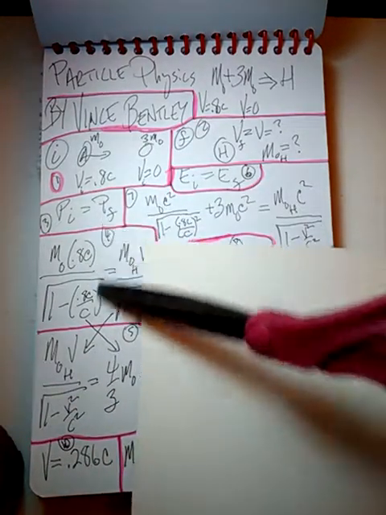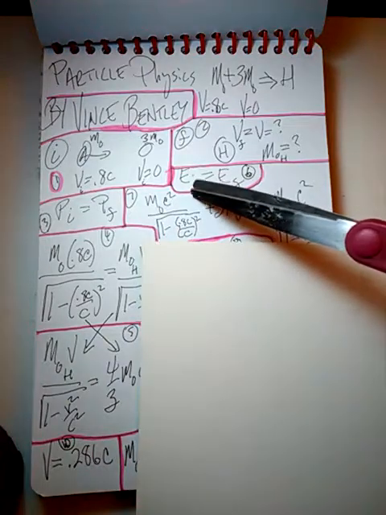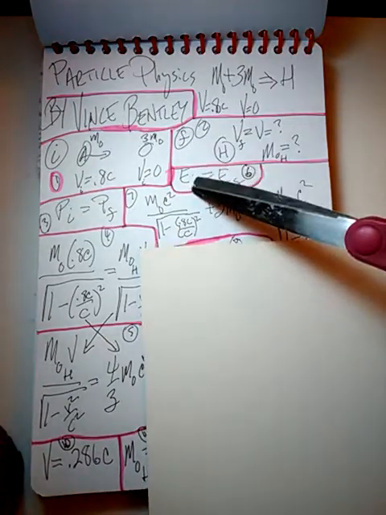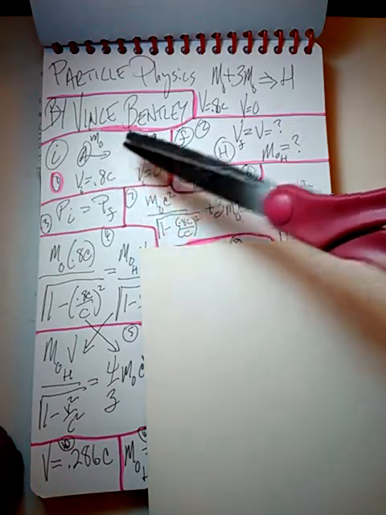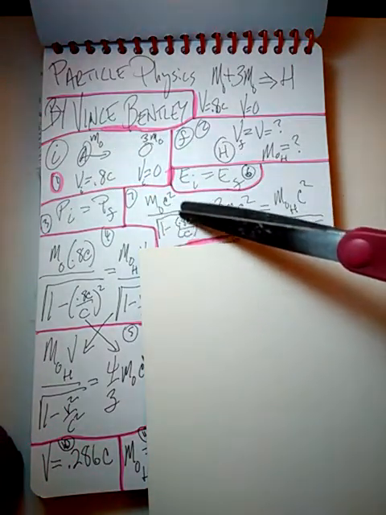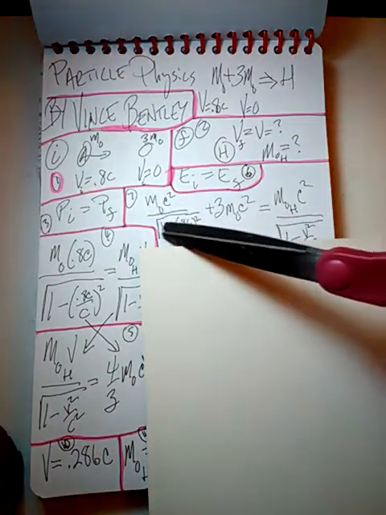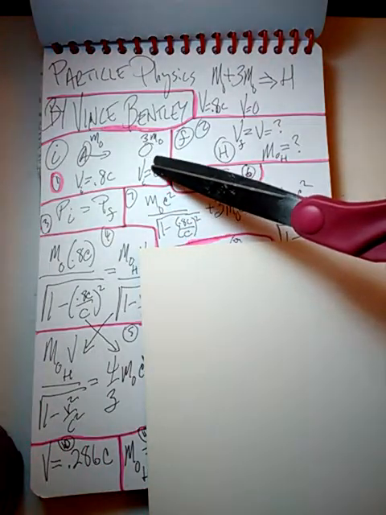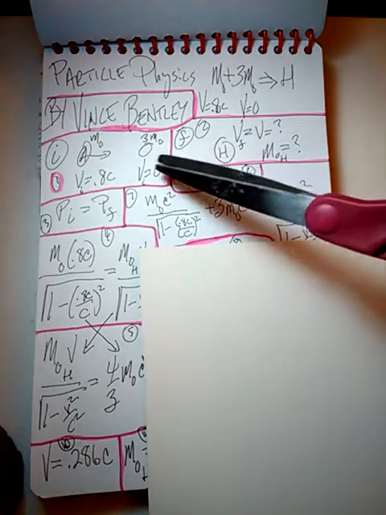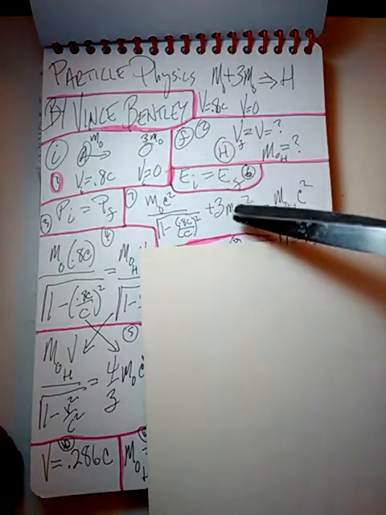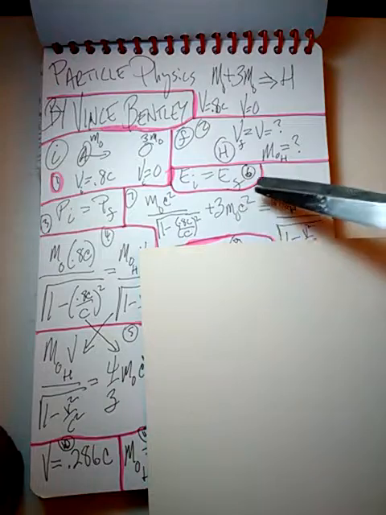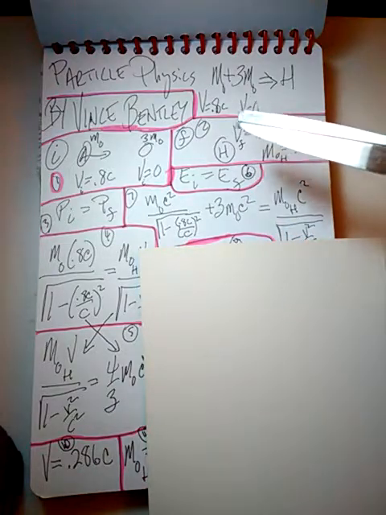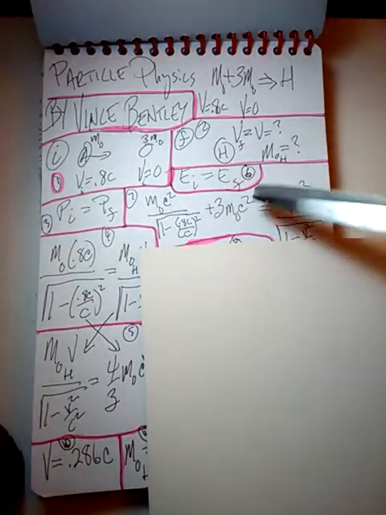We talked about momentum. Let's talk about energy. Initially, the energy is going to be, of course, the relativistic total energy of this particle. So there's the relativistic total energy of particle A. Particle B isn't relativistic because it has a velocity of 0, so it will have a rest energy of 3m0 c squared, as per Einstein's famous equation.